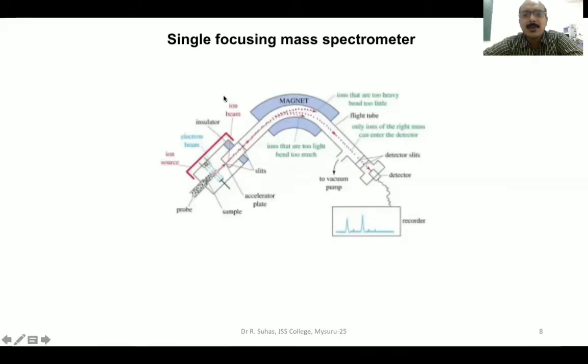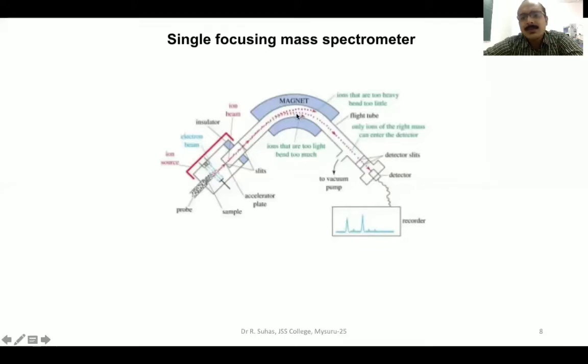Here there will be only one analyzer, that is the magnetic analyzer. Here you can see that ions that are too light bend too much. Here there are a lot of beams. When you come here, you will see that some of the ions are going up, some of the ions are in the middle, some of the ions are coming down. That means they are also shown in different gradation, small, medium and large.